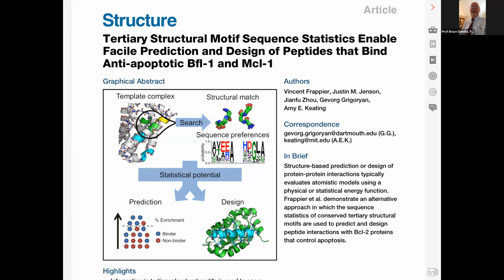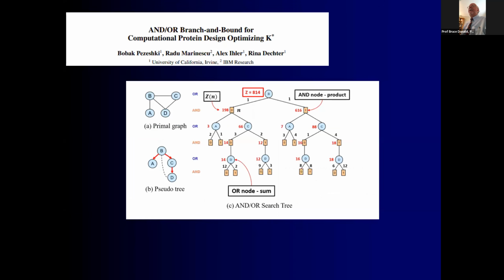And there's several startups based on this idea now. So we're going to look at this technique, which is sometimes called MASTER or TERMS, are the two names for it, developed by Gevorg Grigoryan and Amy Keating and others. So I think we're going to read something in this vein too, or at least present them as choices. So a very useful technique for modeling the interplay between sequence and structure in order to do design.